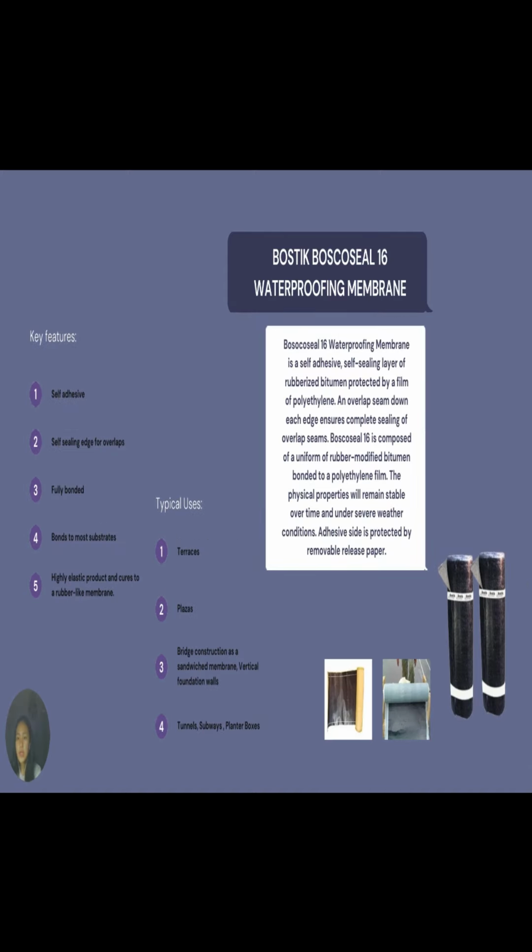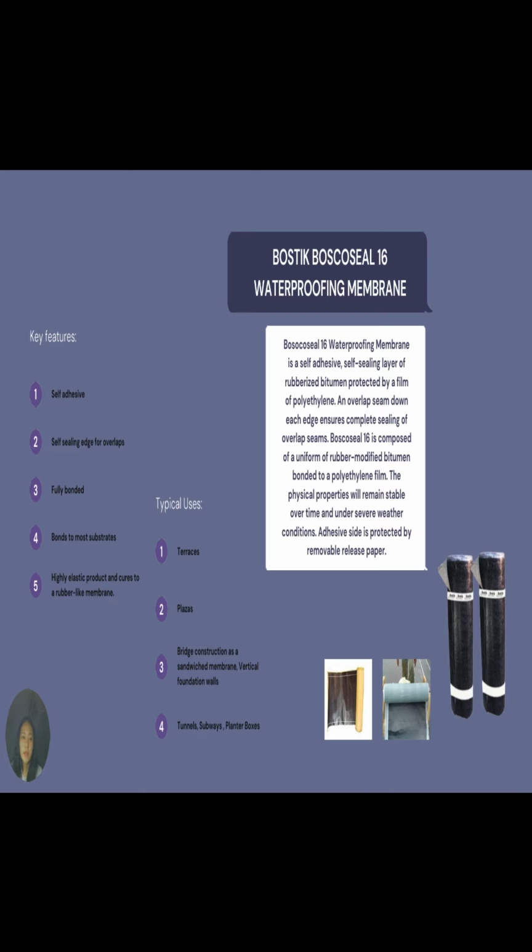For our last one is the Bostik Poscosil 16 waterproofing membrane. It is a self-adhesive, self-sealing layer of rubberized bitumen protected by film of polyethylene. An overlap seam-down edge ensures complete sealing of overlap seams. Poscosil 16 is composed of uniform rubber-modified bitumen bonded to a polyethylene film. One of its key features is it is self-adhesive.